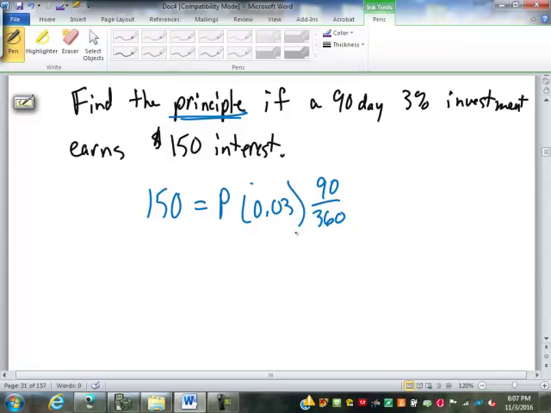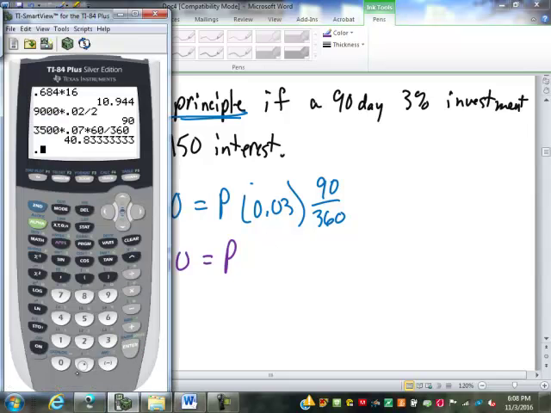This example doesn't work out too bad, but I do want to show you how to use the functions of your calculator on a problem like this so that we don't have problems with it. So we're going to have to combine everything on each side of the equation that we can combine. The P is going to stay there, but we are going to take 0.03 times 90 divided by 360.